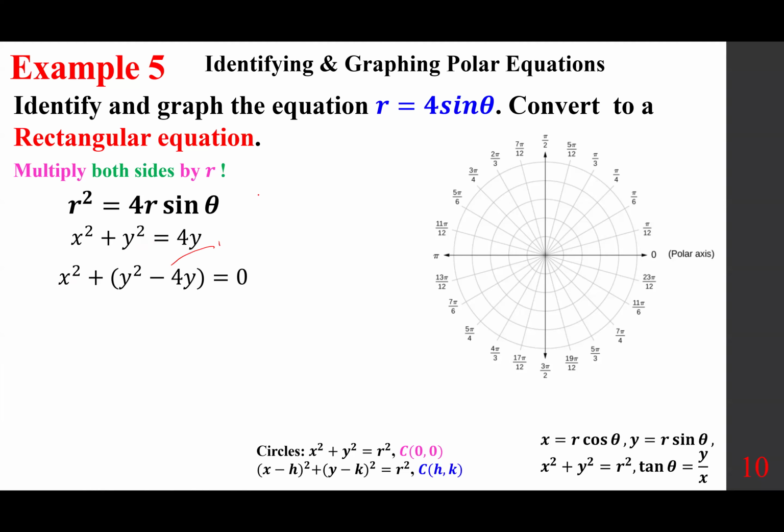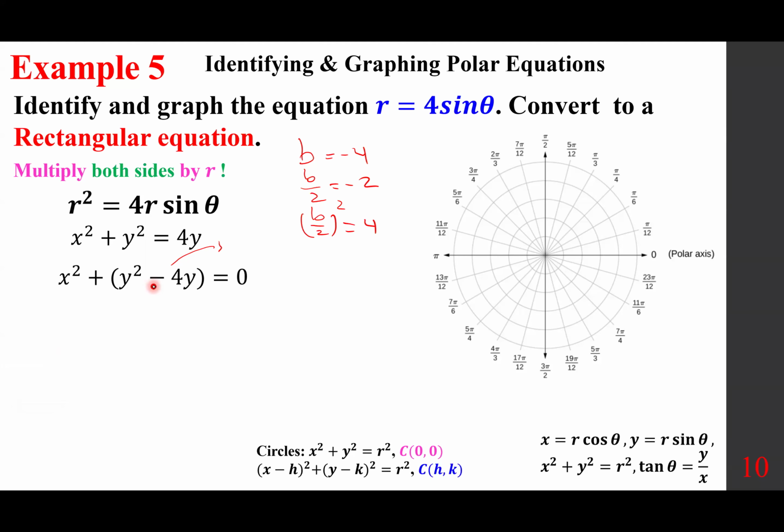This one, b is -4, divided by 2 is -2. Square it becomes +4.